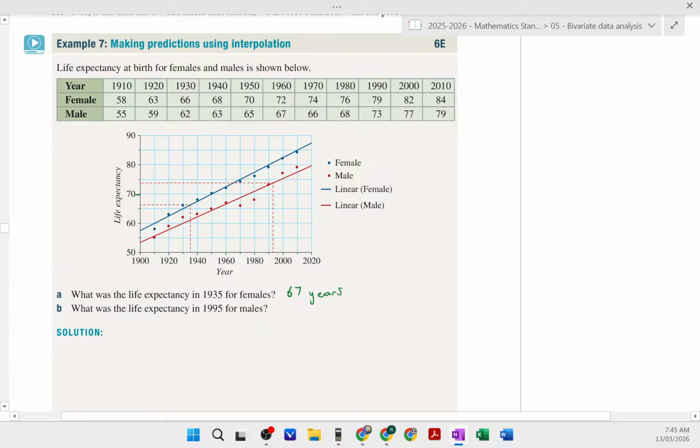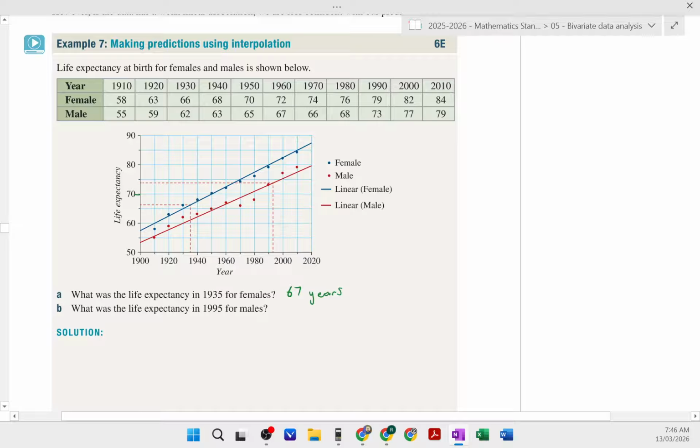Now, we did talk about this when we were first doing scatter plots and reading off data, trying to find the data from the graph. At that stage, we hadn't done line of best fit, but I did mention that when you've got the line of best fit, that is the one you use. If you have a line of best fit that is going to this point here, you don't then decide, oh no, I'm going to go up between those points and read across there. You use your line of best fit.